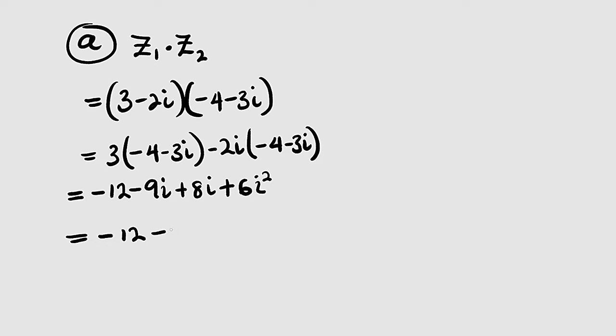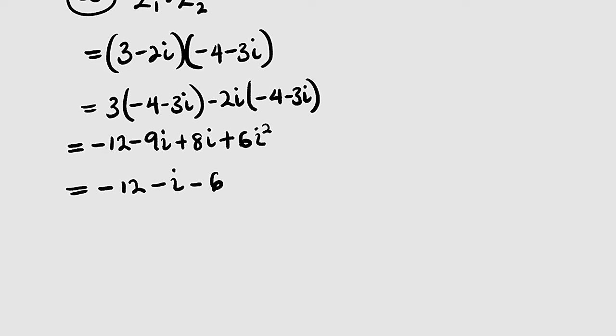Then because i squared is negative 1, this becomes negative 6. So negative 12 minus 6 is negative 18. This is negative 18 minus i. Therefore, if you multiply z1 by z2, you're going to obtain negative 18 minus i.